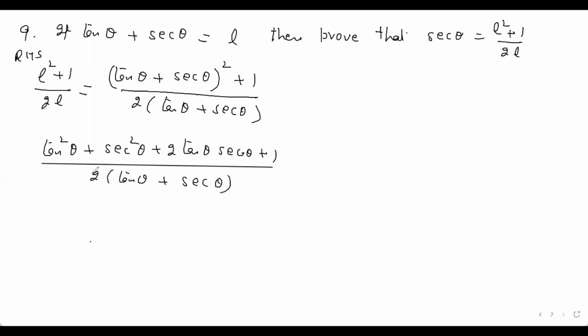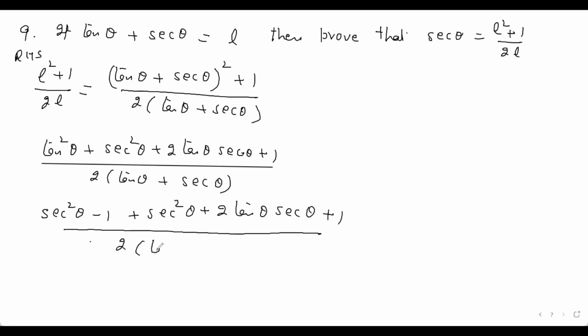I want to prove L square plus 1 upon 2L is equal to sec theta. So it means I don't want this tan square theta. For that, write it as sec square theta minus 1 plus sec square theta plus 2 tan theta sec theta plus 1 upon 2 tan theta plus sec theta.